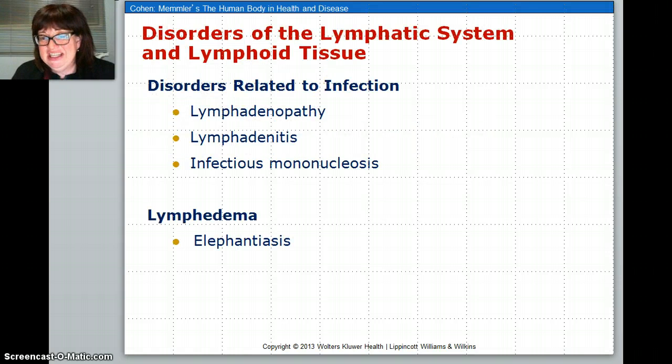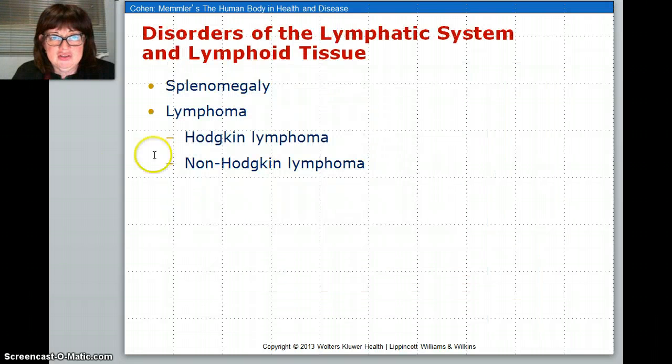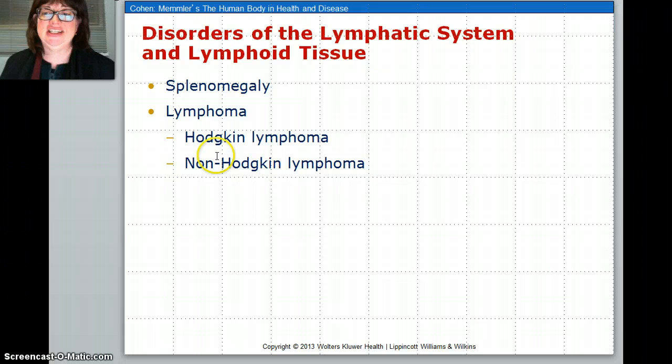When you come to diseases, one is elephantiasis. Here's one where you can see marks where the disease is moving through the lymph tissue. You can also see lymphoma, which is a type of cancer, and you have non-Hodgkin's lymphoma.